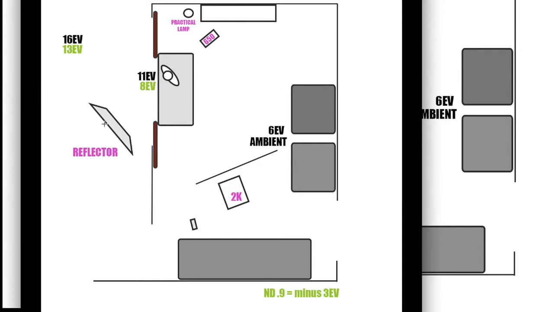So I put a reflector outside the window, which gave me about 12 and 2/3 to 13 stops here. So I was almost even with my scene out here, and I think I was able to tweak that a little bit. Got the 2K in here with the diffusion, 650 here, and then a practical lamp. So this is the actual lighting setup for the scene.